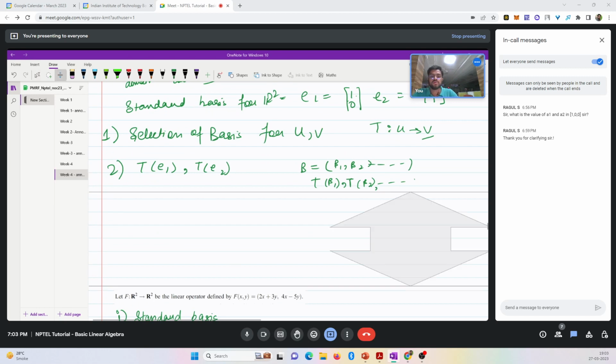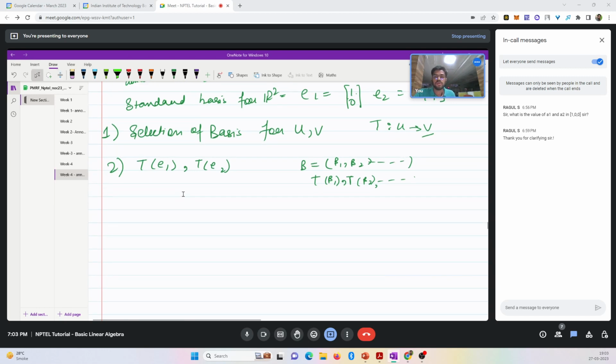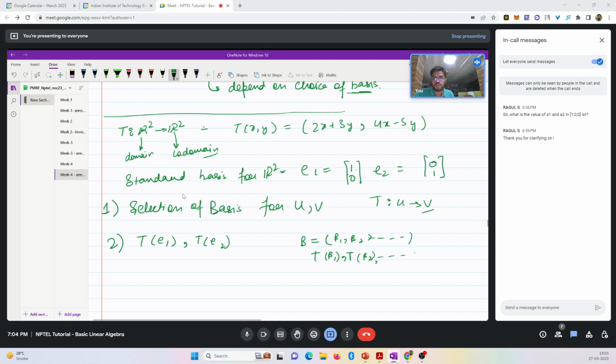Okay, so what would be T of 1 comma 0? It is given by 2x plus 3y. So this is 2 plus 3 times 0 comma 4 minus 0. So this is 4, right? This is 2 comma 4.